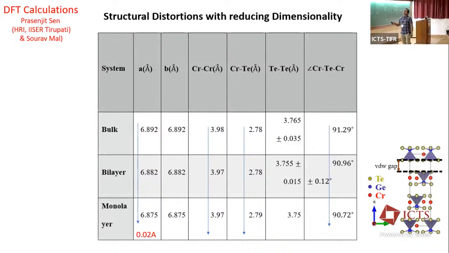The chromium-chromium distance changes very slightly, the chromium-tellurium-chromium angle, that's very important, that changes, and the tellurium-tellurium distance also shifts. So there are slight distortions which occur inside the lattice as you go down in dimension.